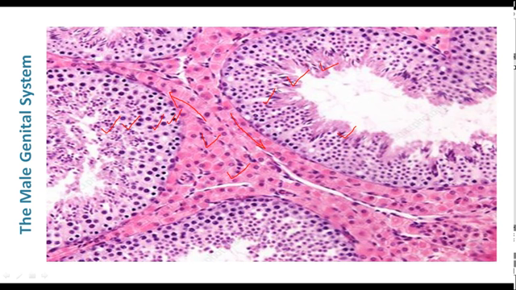Spermatogenesis takes place under control of androgen and another pituitary hormone, follicle stimulating hormone, that is FSH. The testis produces only a small volume of secretion, 0.5 ml only.